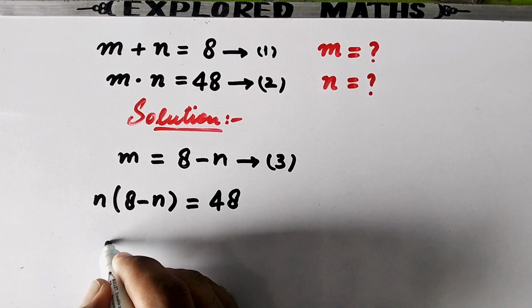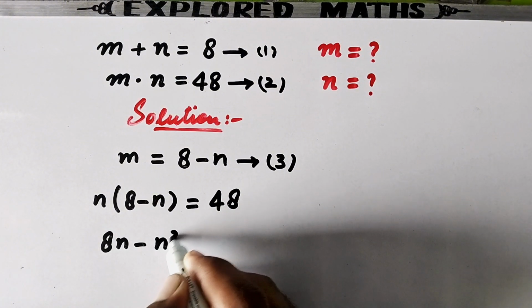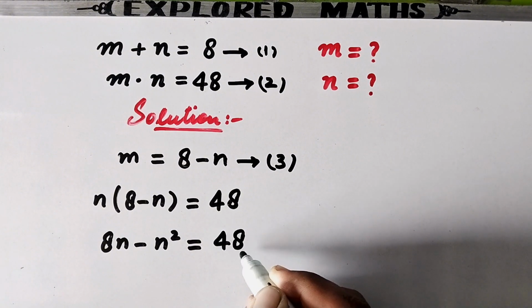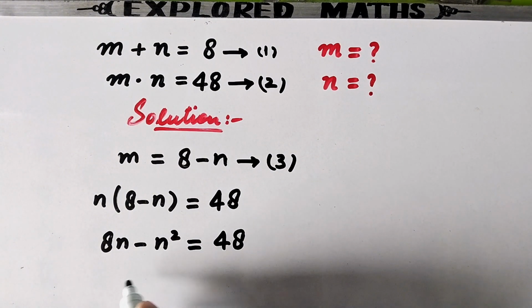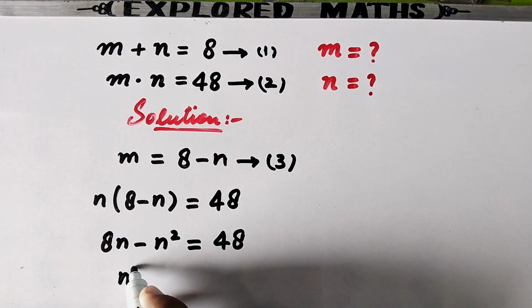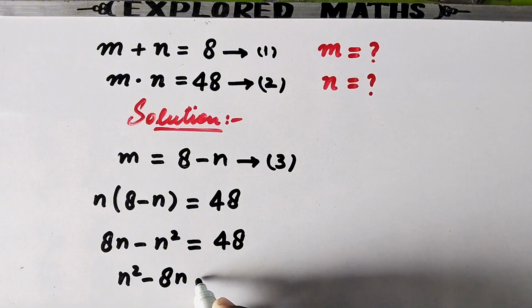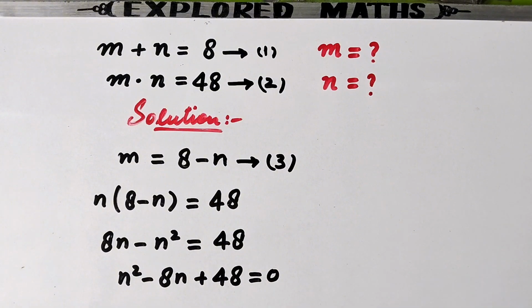Then here will be 8n minus n square equal to 48. Now taking these values to this side, it will be equal to n square minus 8n plus 48 equal to 0.